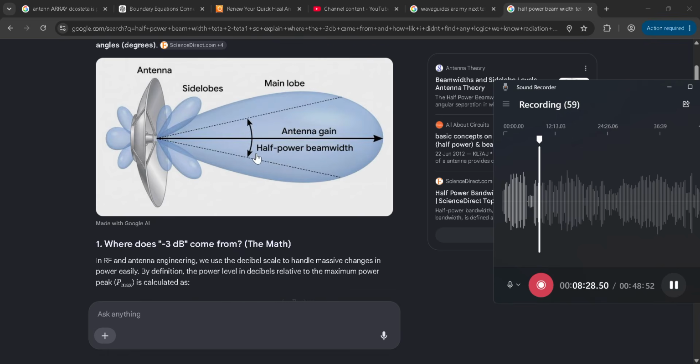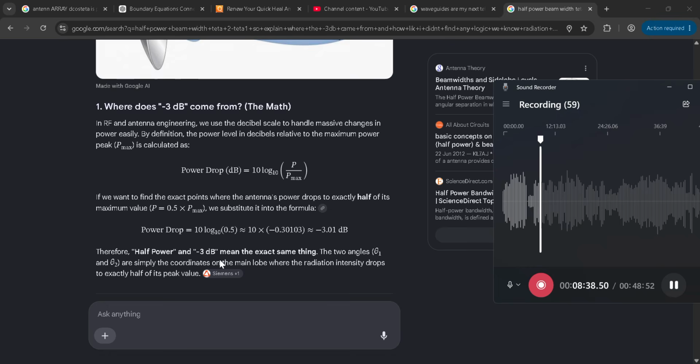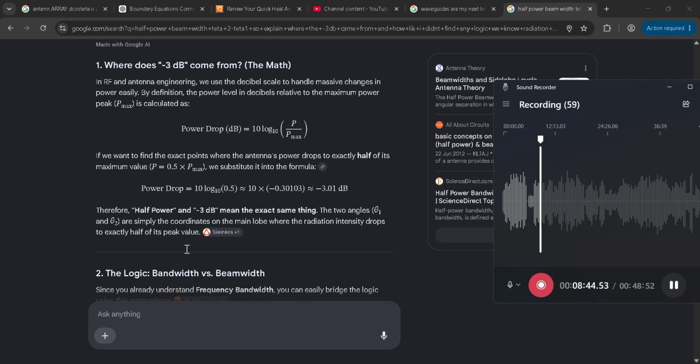The mathematical logic of minus 3 dB: to express a ratio of power, the formula to convert a power ratio into decibels is power in dB equals 10 log 10 of P by P max. When the power drops to exactly half, 50 percent or 0.5 of its maximum peak, power in dB equals 10 log 10 of 0.5, which is minus 3 dB.